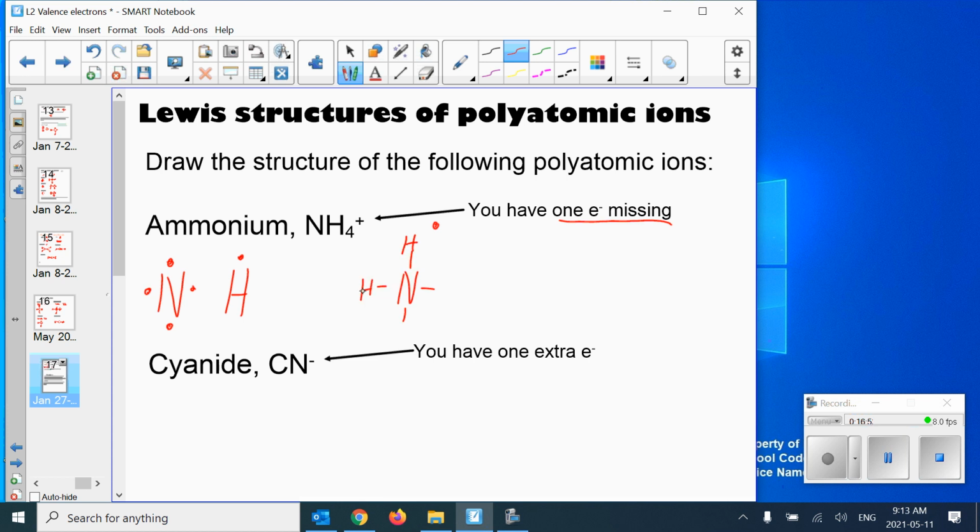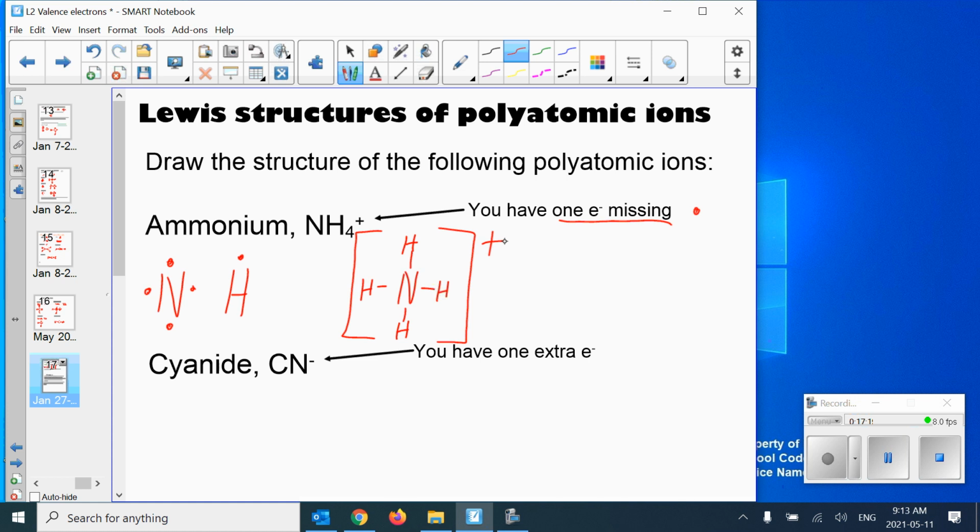H, H, H, H. I'm going to move that electron that I moved out so it doesn't look like it's out of the diagram. Now there's NH4, but I have to indicate that there's something different about this diagram. It's missing the electron, so I'm going to put a square bracket around this with a plus sign. That's what that indicates. One electron missing from what you regularly imagine.